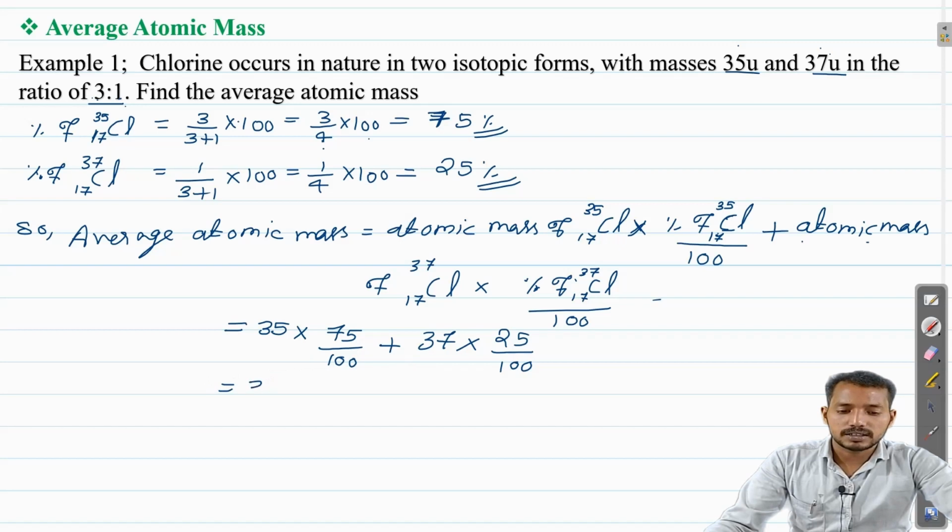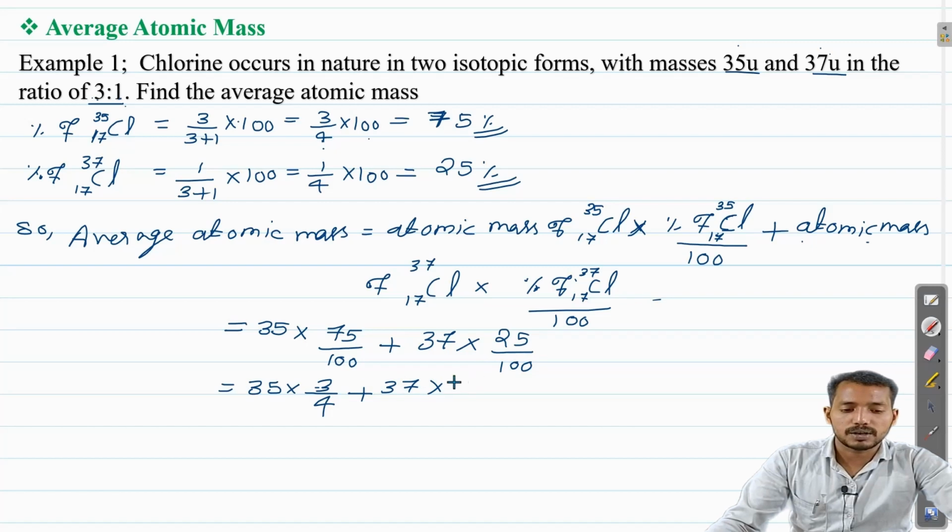Then 35 into 75 by 100, dividing by the HCF, gives 3 by 4, plus 37 into 25 by 100, which is 1 by 4.